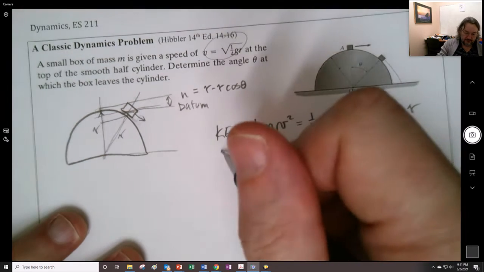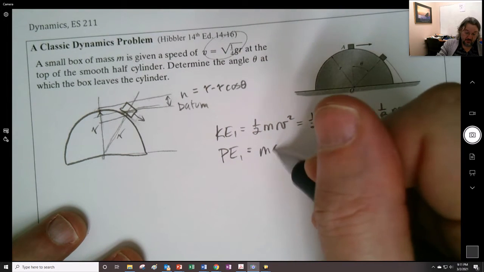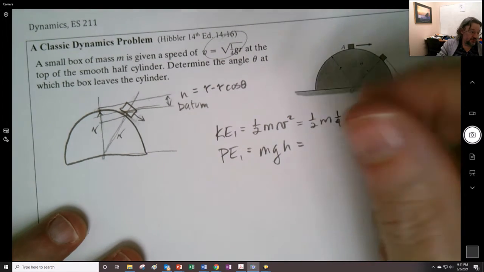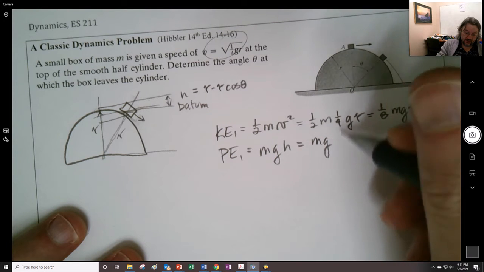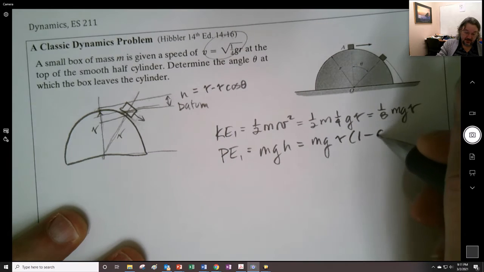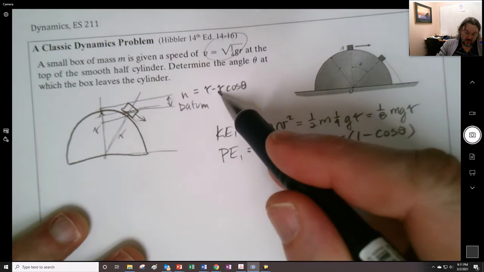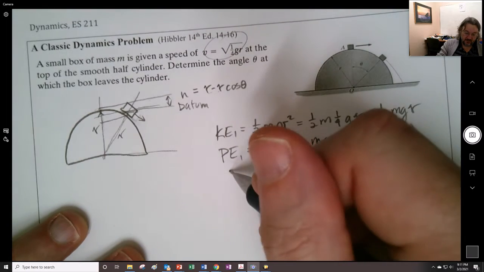I don't know, for some reason. Potential energy 1 is going to be mgh, which is mg, let's say R times 1 minus cosine of theta right there. So you see that R minus R, that's why that's right there.